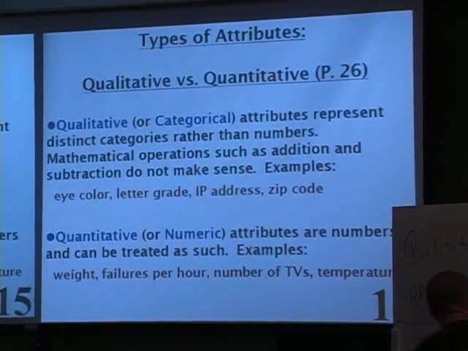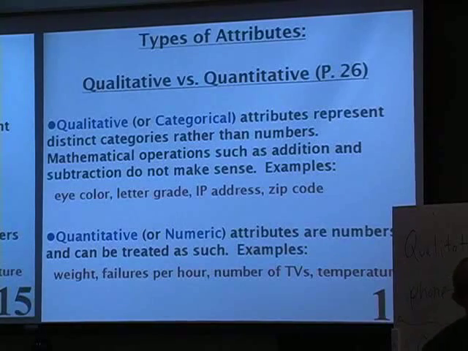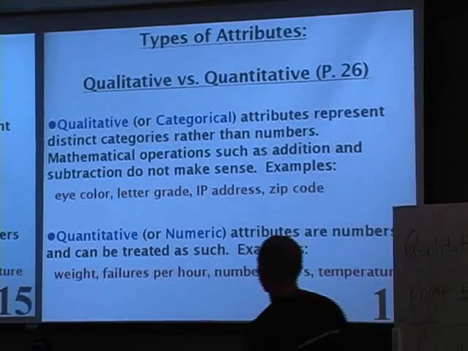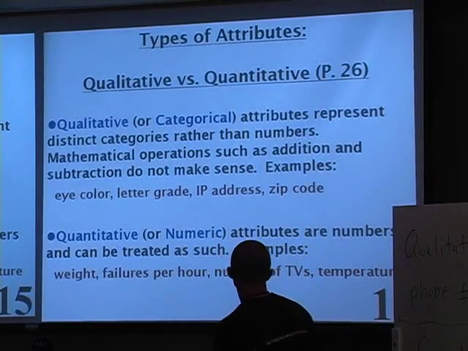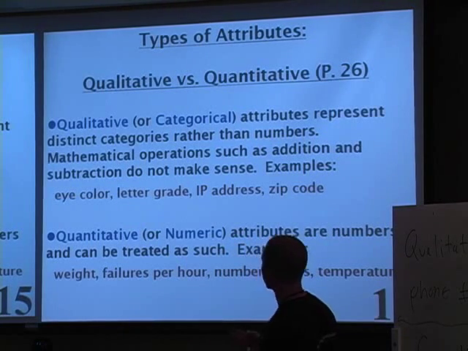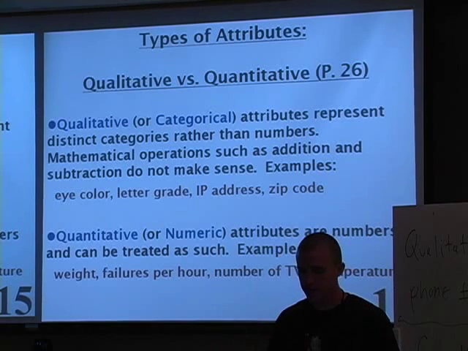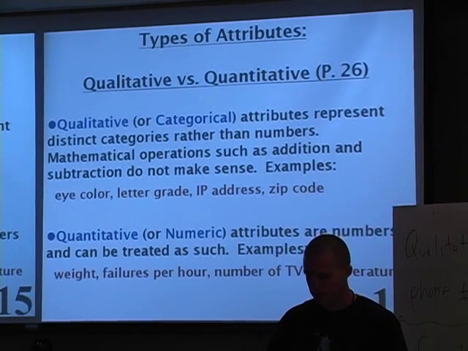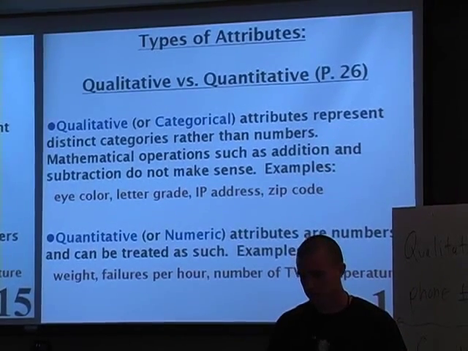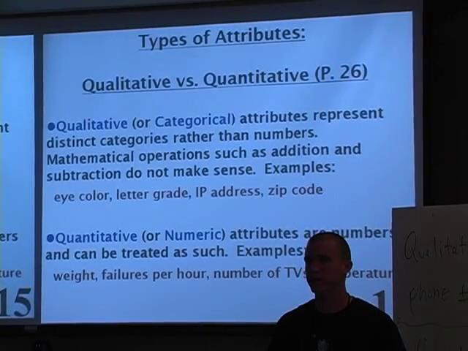So these are things that are numbers and can be treated as such. Your weight, failures per hour, number of TVs, the temperature. You can subtract these numbers, you can add these numbers. They're numbers and should be treated as such. But you have to be careful about that distinction, and the textbook talks about it on page 26. Any questions on that distinction?